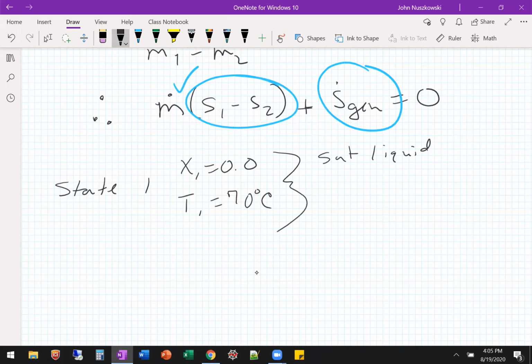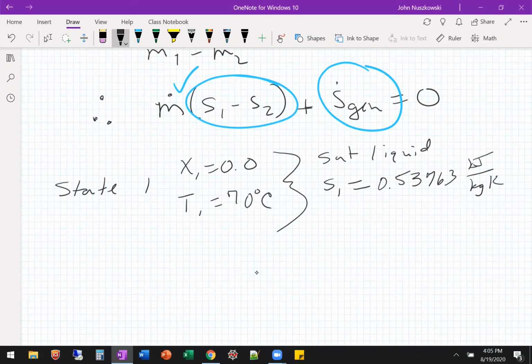We can get anything we want at that state, anything our heart desires. So we can get S1, and we end up with 0.53763.